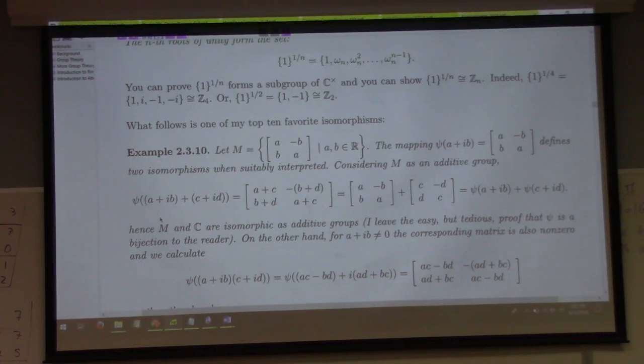That's an isomorphism, so isomorphism is reflexive. By the way, if psi is an isomorphism, then psi inverse is also an isomorphism, so it's symmetric. If G1 is isomorphic to G2, then G2 is isomorphic to G1. And you also have transitivity. So isomorphism on the set of all possible groups is an equivalence relation. I think that's kind of interesting.